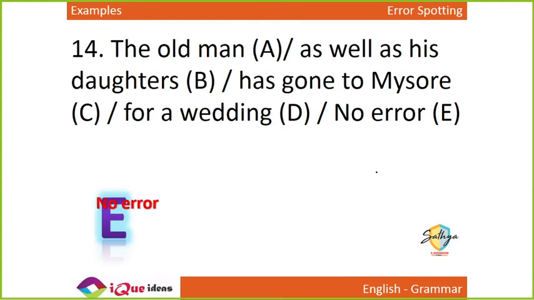Although it sounds funny, grammatically speaking, whenever we put as well as, it is not considered part of the main subject. Here the subject is only the old man. That is singular. So we will take a singular verb has, which is correct. So you do not need any correction in this sentence. Did everybody get it? One of the tricky ones where the majority of the students will get it wrong.